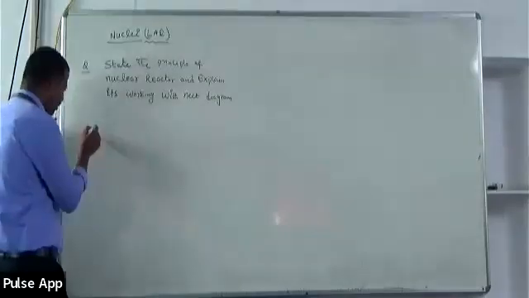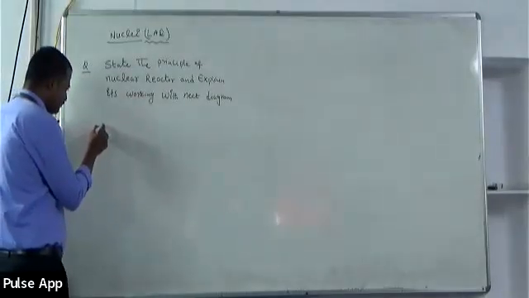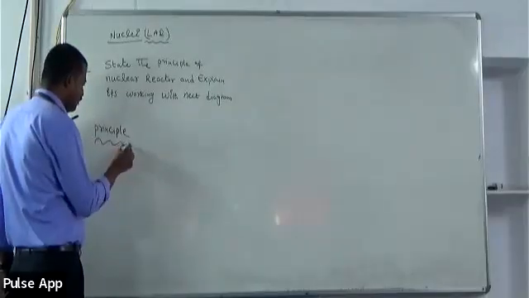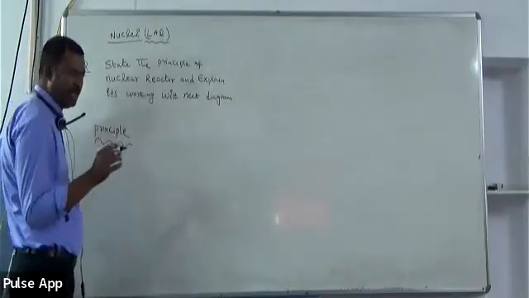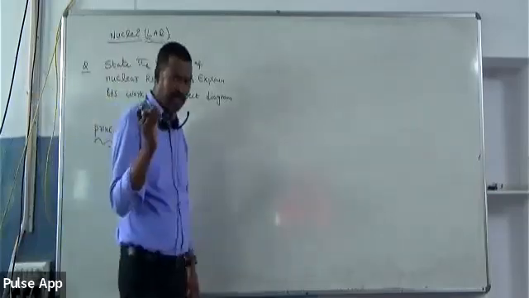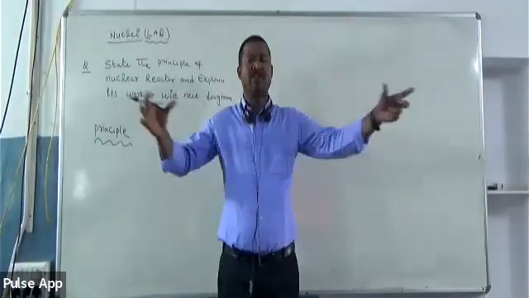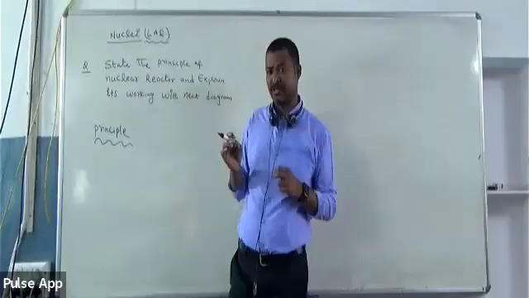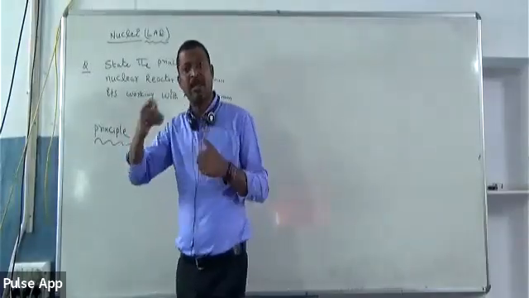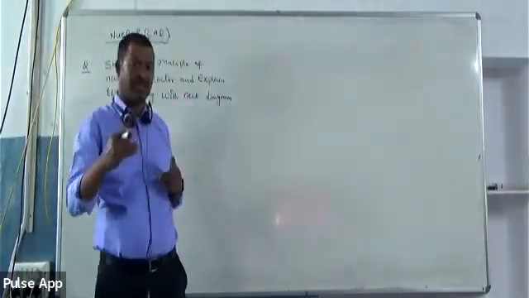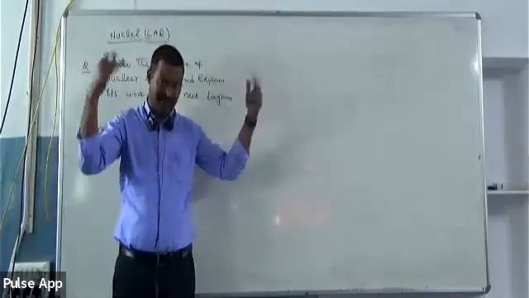First, the principle. What is the principle? Basically, a nuclear fission reaction takes place, but it is a continuous reaction, and that too in geometric progression. That means at each step the number of fission reactions, the rate of reaction, increases.